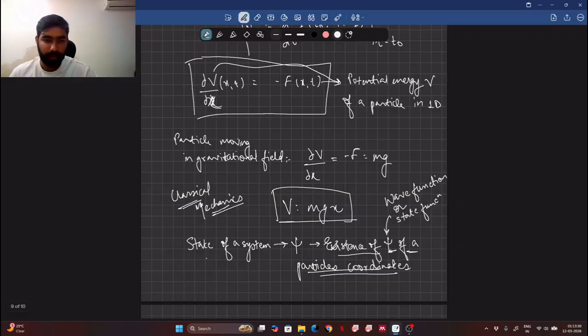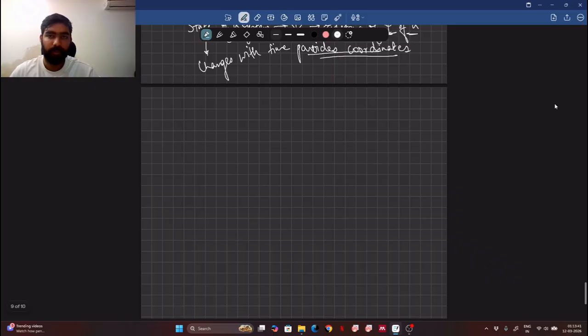The state of a system changes with time. So here psi would be a function of time.